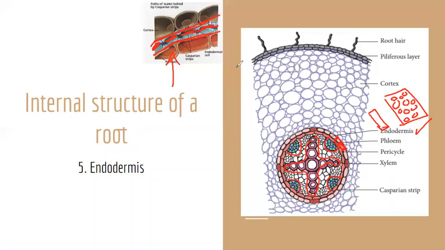This is called the Casparian strip. The function of this Casparian strip is to control the amount of water and mineral salts entering into the vascular bundles.